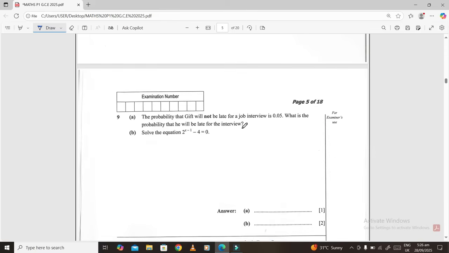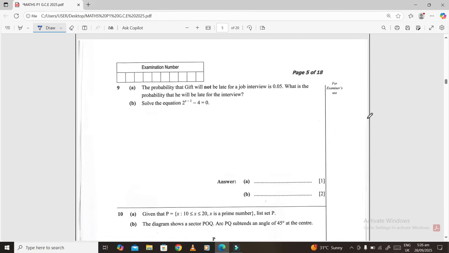We go to the next question. For this question, they are saying the probability that Gift will not be late for a job interview is 0.05. That's the probability that Gift won't be late for a job interview. So let's do this. Probability of being late plus probability of not being late must give us 1.